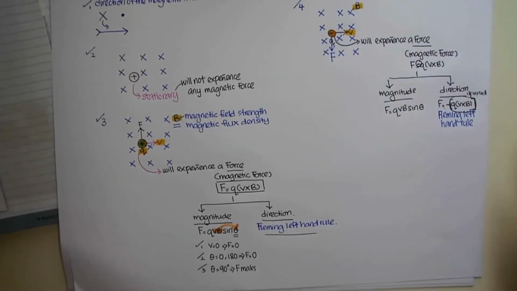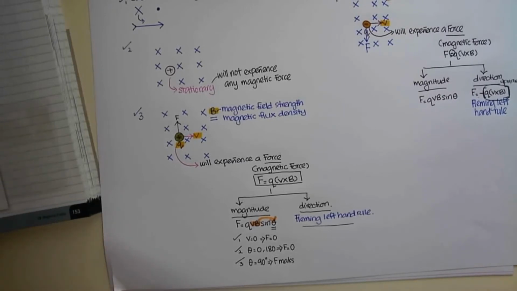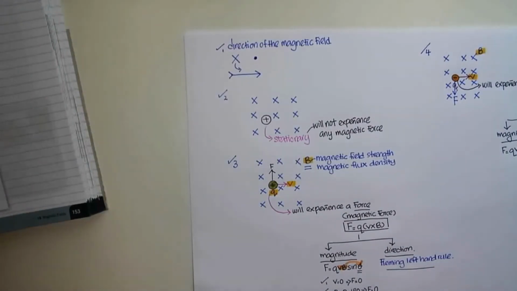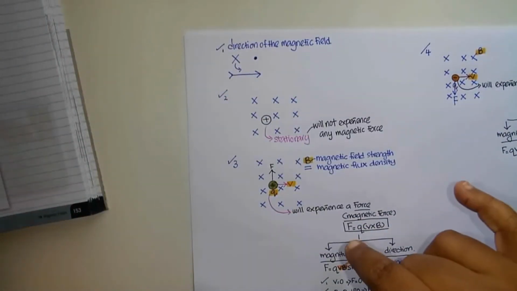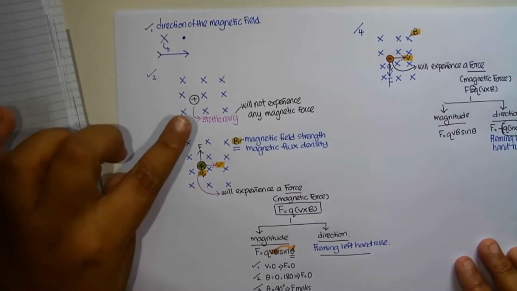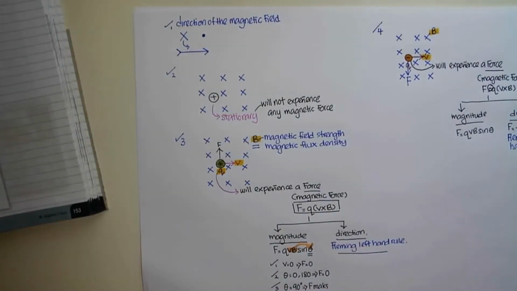So this is the four important points that you have to know. The first point, you have to know about the direction of the magnetic field. We have cross and we have a dot. Cross means into the page, dot means out of the page. Number two, a stationary charge inside the magnetic field will not experience a magnetic force.